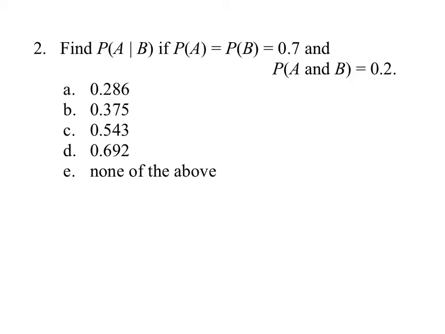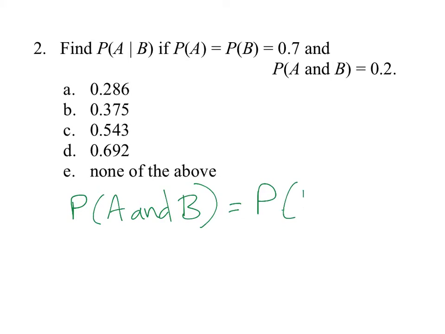All right, if you recall, we had an equation, and it was that the probability of A and B is equal to the probability of B times the probability of A given B. All right, so what we're looking for then is this one.